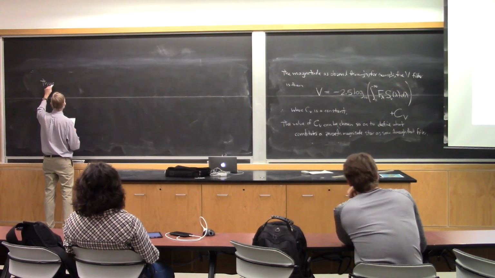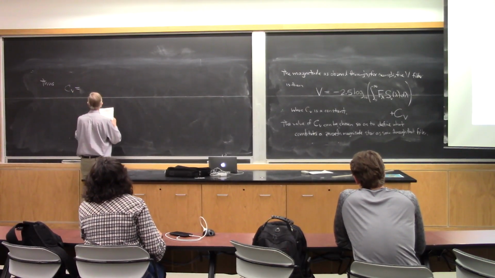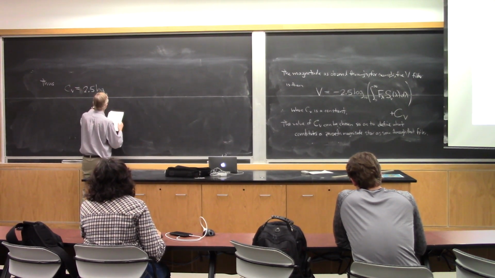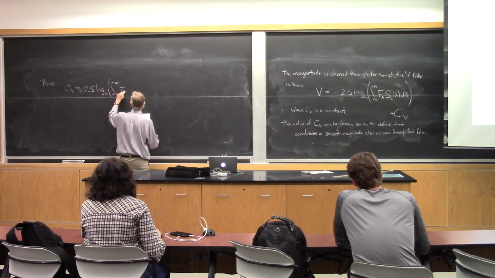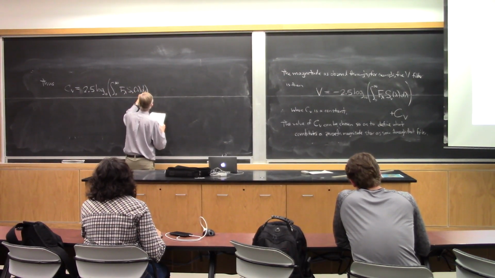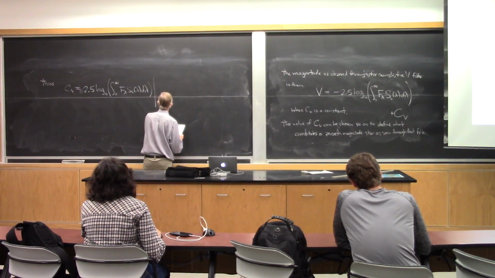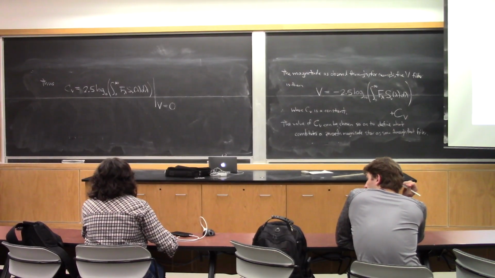So, if we do that, we can say that CV is equal to 2.5 times the base 10 logarithm of the integral from 0 to infinity of f lambda S_V of lambda d lambda, for a star where V is equal to 0.